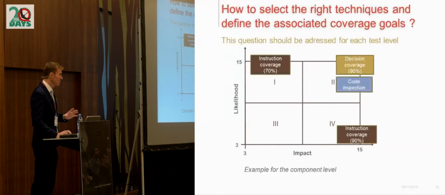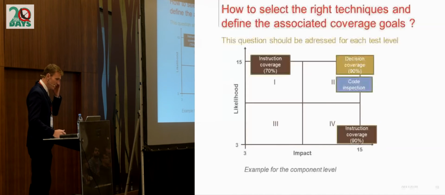And this can be done for each test level. For example, at the component level, you will have to deal with technical things related to the software development, to the technical architecture. So you will use mainly what we call white box testing techniques, addressing what happens in the code during execution or during code reviews.